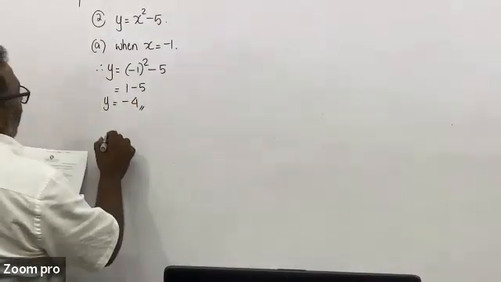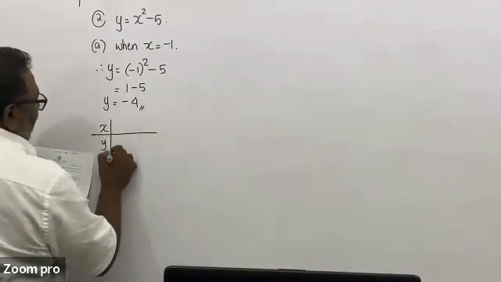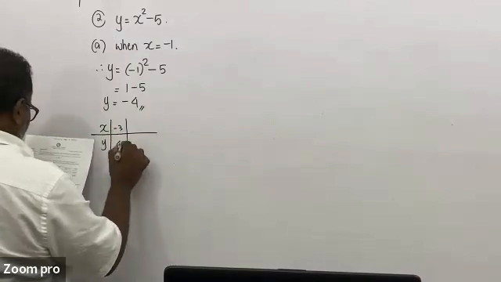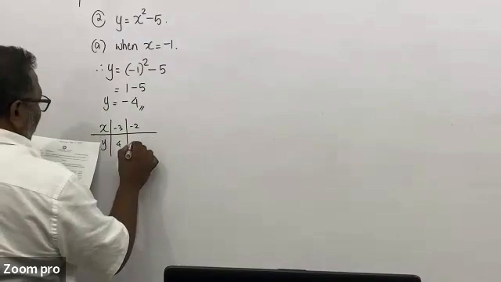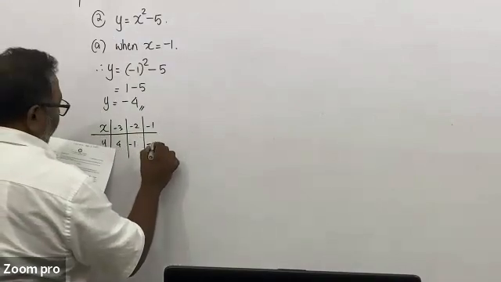Now quickly draw the graph. I'm just going to draw the table here quickly. x is minus 3, y is plus 4; minus 2, plus 1; minus 1, minus 4.